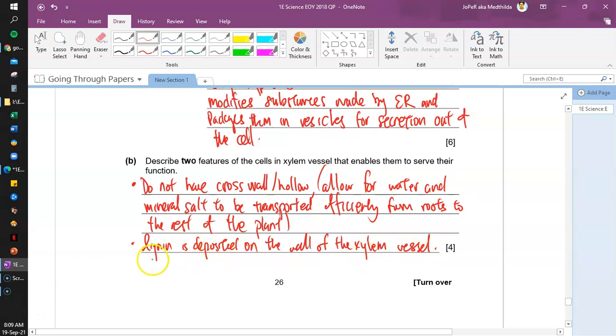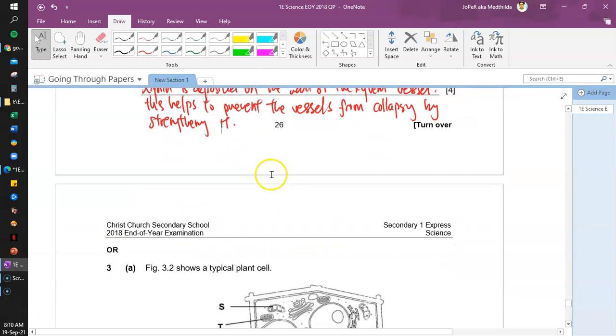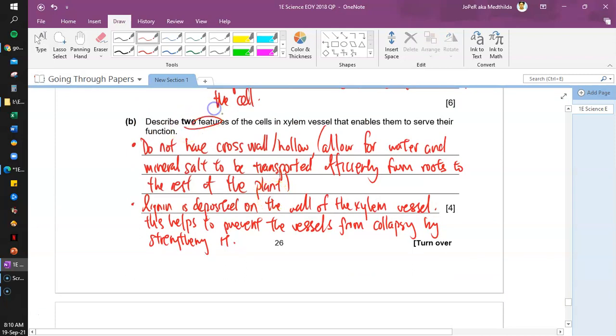This helps to prevent the vessels from collapsing by strengthening them. So these are the two features of the xylem vessel that help them serve their function. They are specialized features that make them unique and allow them to serve their function better.